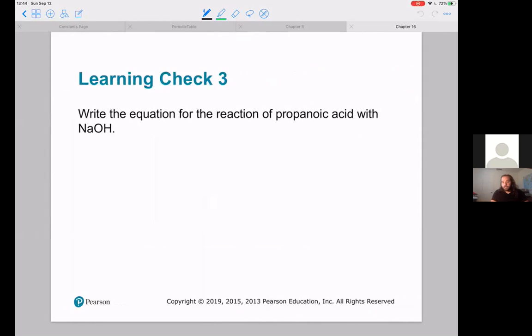So again, another reaction. We talked about the reactions of carboxylic acids and water. Now we want to make sure we can do carboxylic acids and bases. So here we're going to do propanoic acid, so 3 carbons, with NaOH.